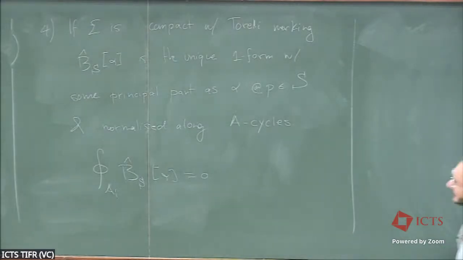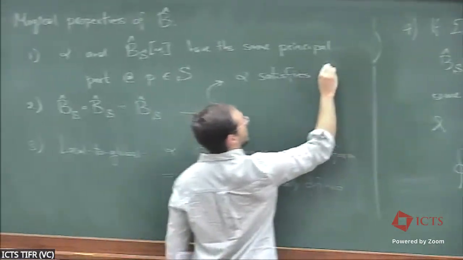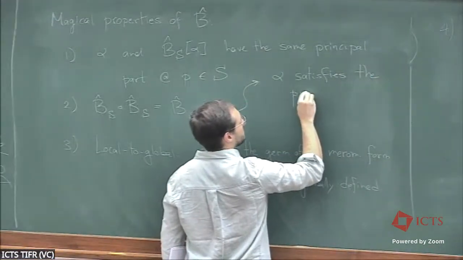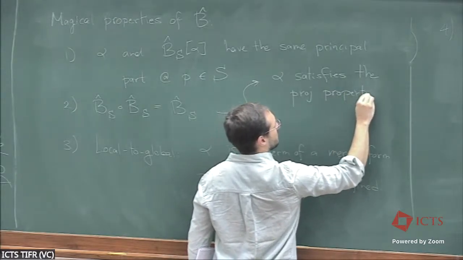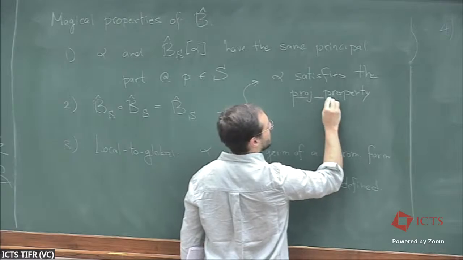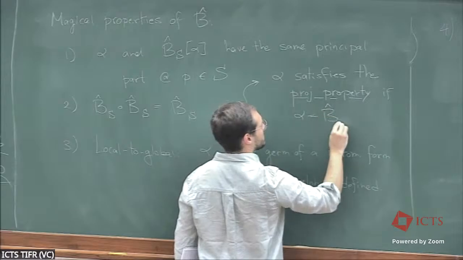Oh, maybe before going on, let me say something about this. This projection property, the fact that B hat is a projection operator, is going to be very relevant. I will say that alpha satisfies the projection property if alpha is equal to its projection.